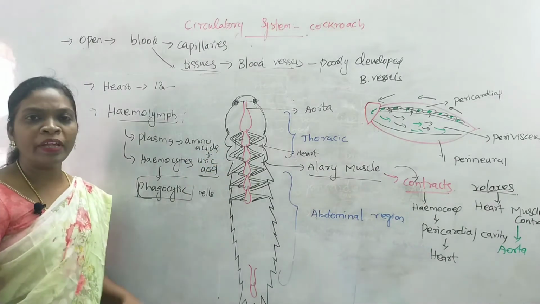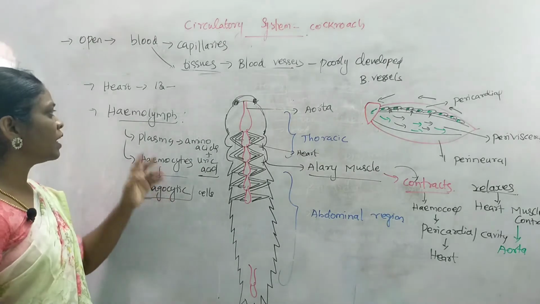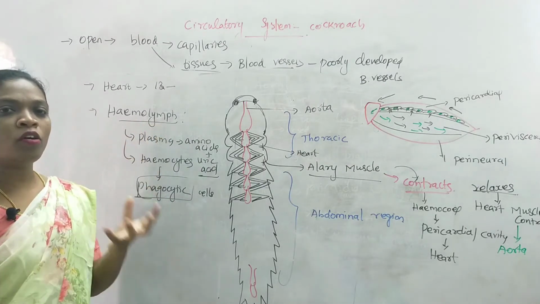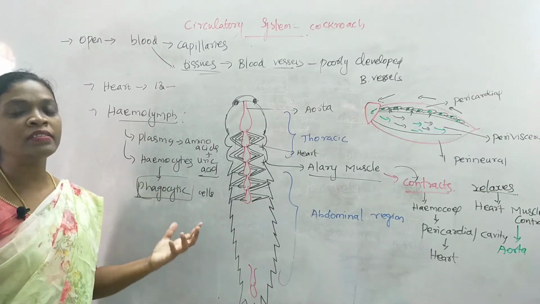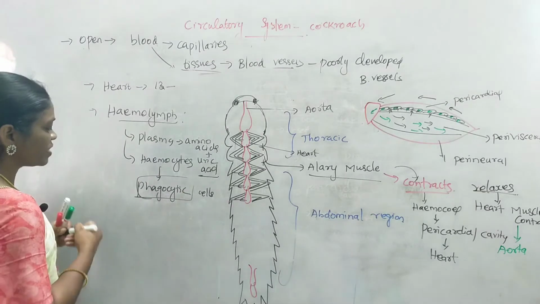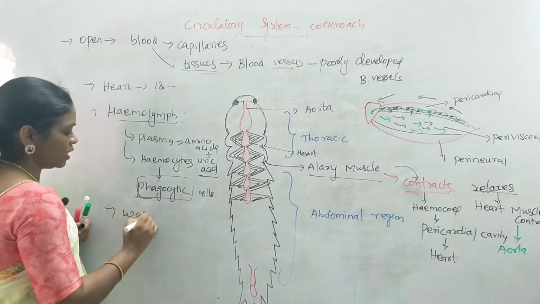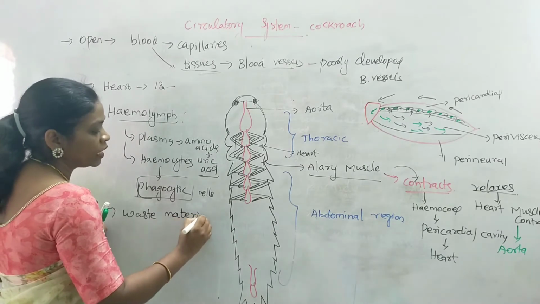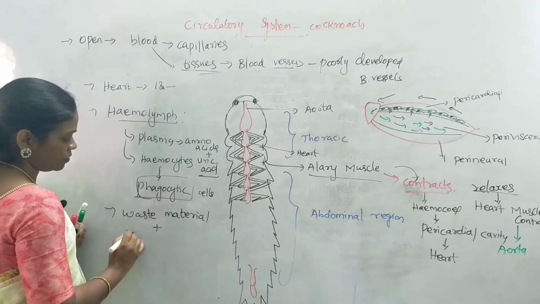What about respiratory pigments like hemoglobin? This hemolymph is not going to carry the oxygen. It is not going to combine with the respiratory gases. In turn, they just carry the waste material. They transport the waste materials. They transport the nutrients. That is the function of hemolymph in cockroaches.